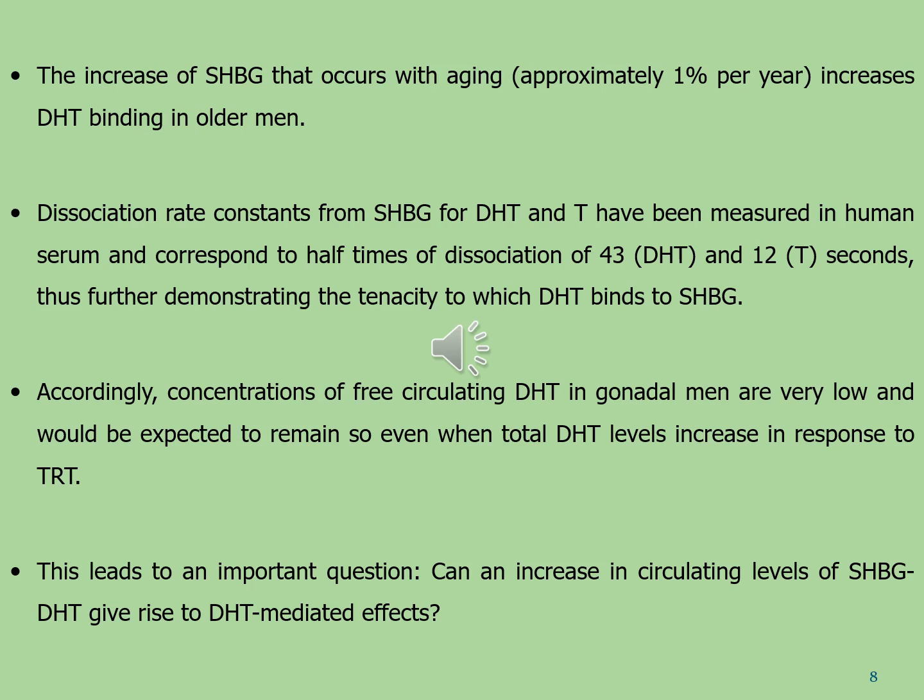Dissociation rate constants from SHBG for dihydrotestosterone and testosterone have been measured in human serum and correspond to half times of dissociation of 43 seconds for dihydrotestosterone and 12 seconds for testosterone, thus further demonstrating the tendency to which dihydrotestosterone binds to SHBG.